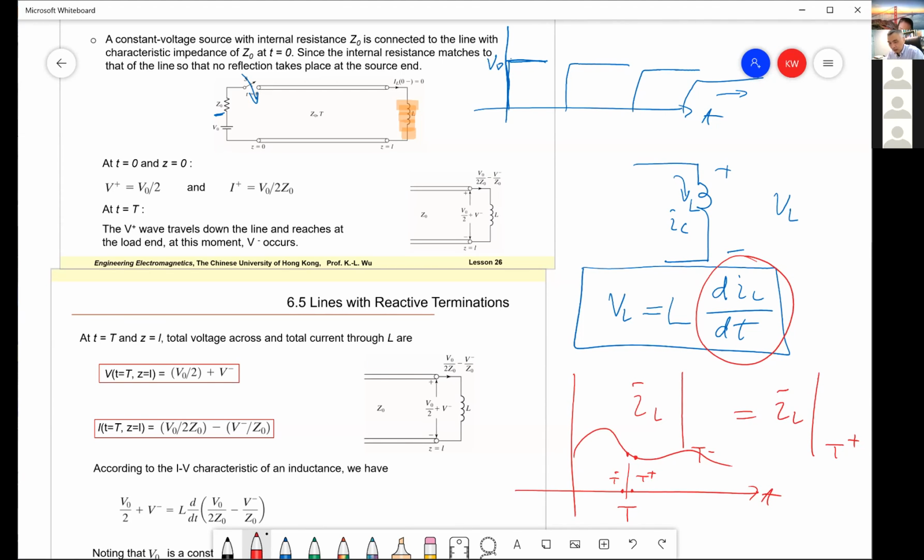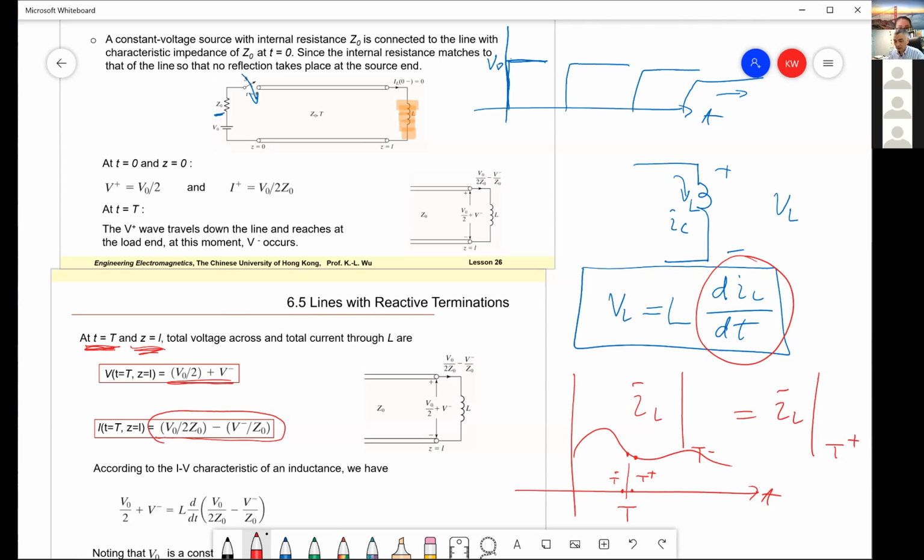Now, at time t, at z equal to L, we have a voltage, and we also have a current. We know this current equals this.